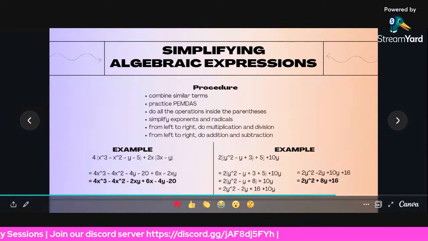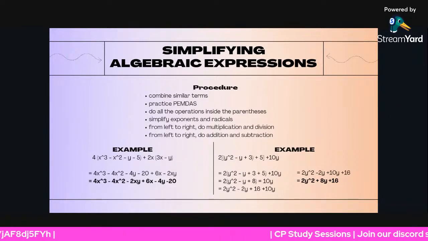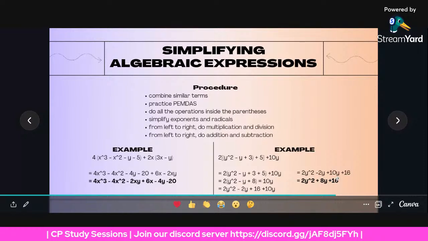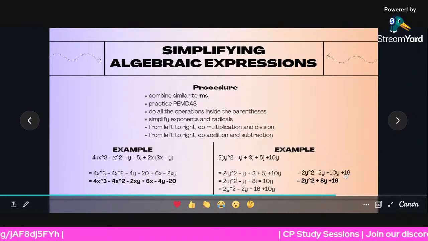So, pwede nyo siya ipag-combine kasi similar terms siya. Bakit siya naging similar terms? Parehas sila ng variable, which is y, eto. And parehas ng exponent yung variable nila, which is 1. Since hindi naman nakasulat dyan, yung default na equivalent ng exponent na yon is 1.